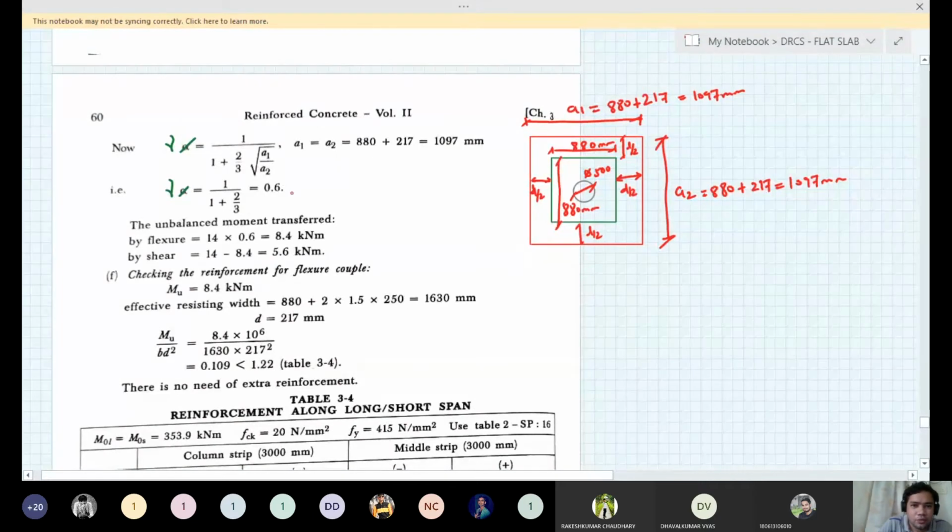So by substituting the values of a1 and a2, you will get a factor of 0.6.